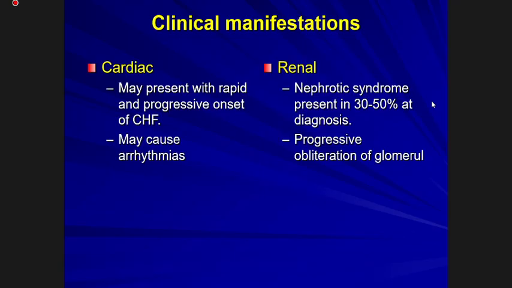Okay, so in the heart. If it accumulates in the heart, a patient may present with cardiomegaly, but you can also present with rapid and progressive heart failure, congestive heart failure, as the heart becomes larger and not able to pump properly.